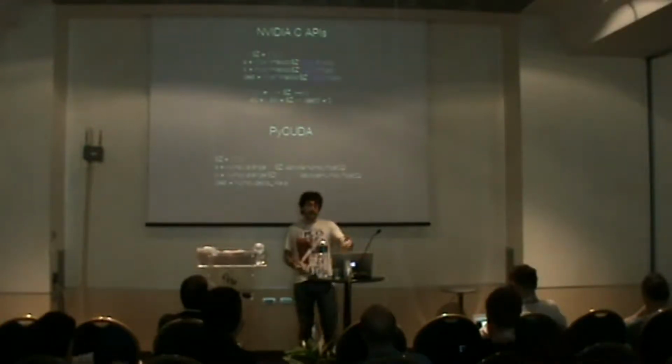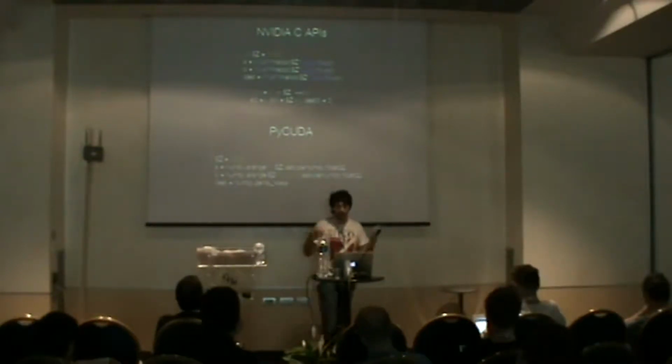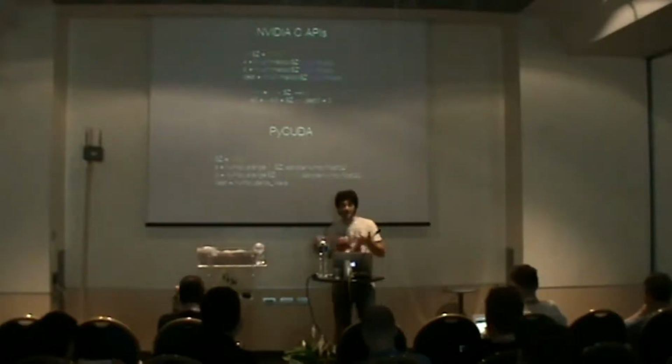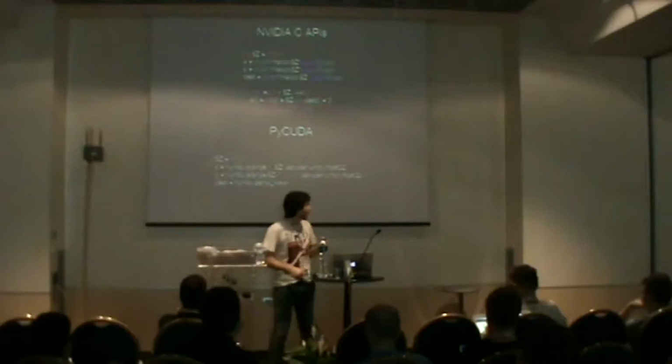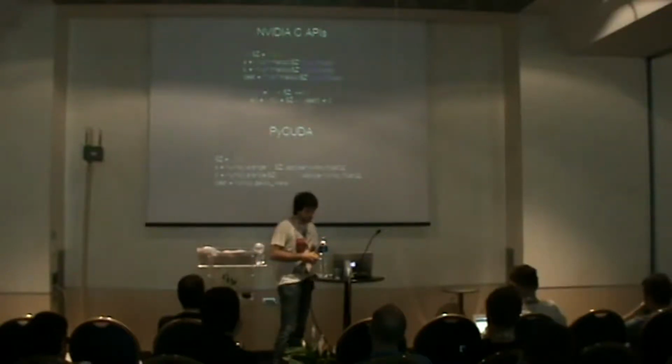In this slide, we are just declaring our arrays. We do a simple malloc in the Nvidia C API program, and we use NumPy for the PyCUDA program. It's quite simple.